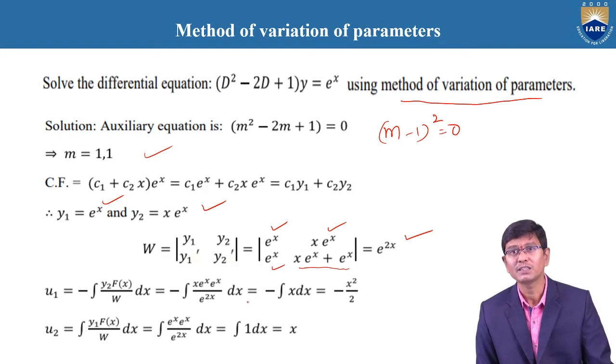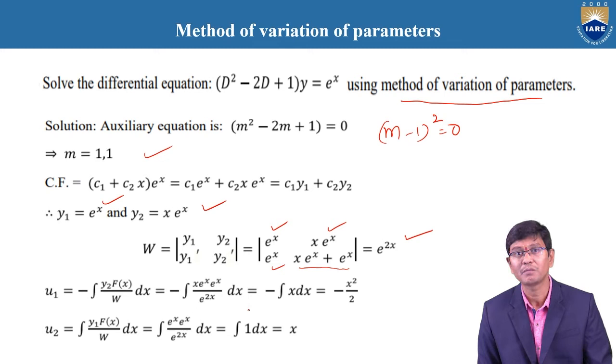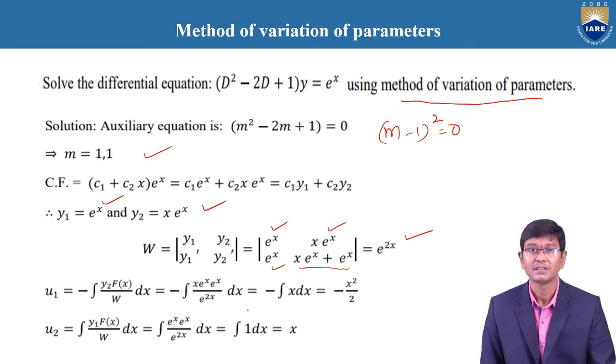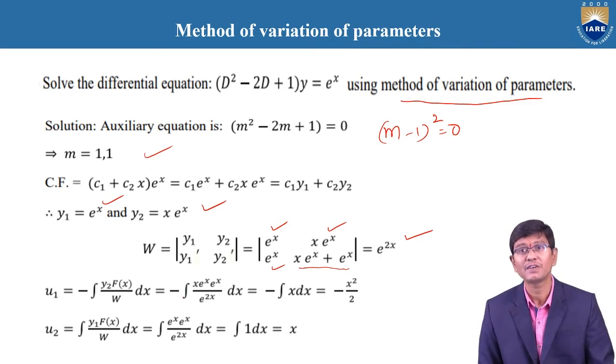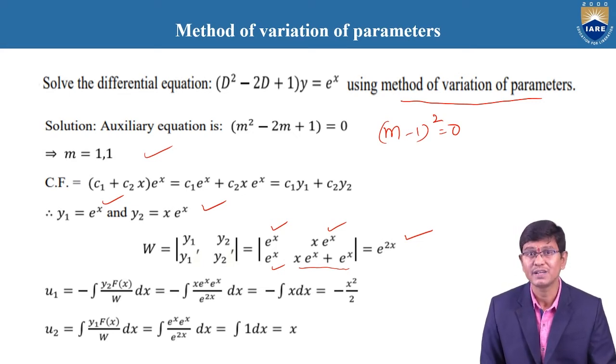Now we need to find u1 and u2. u1 is equal to the negative of the integration of y2 into f of x by W into dx. Here y2 is x into e power x, and f of x is the given function, e power x, and the denominator is e power 2x into dx.